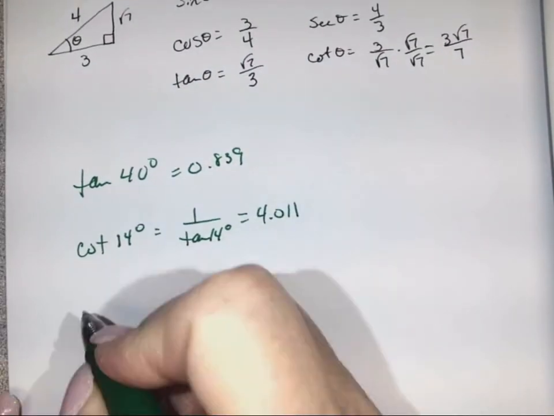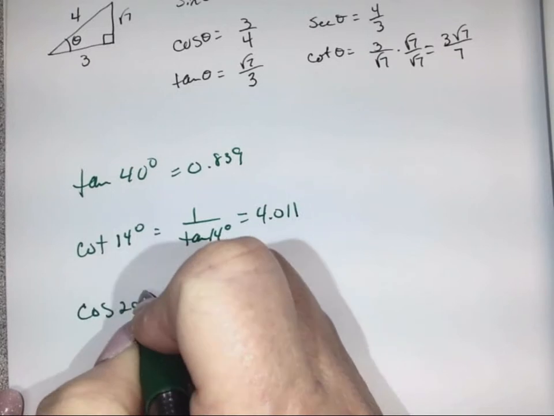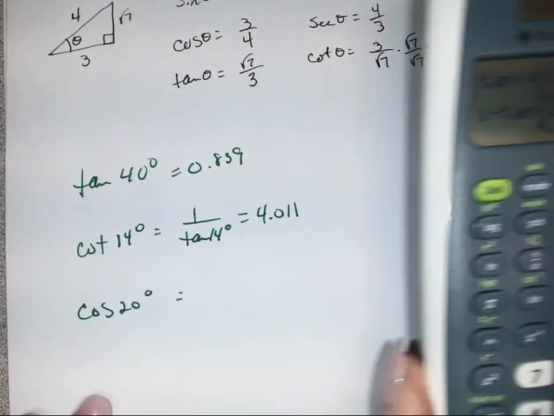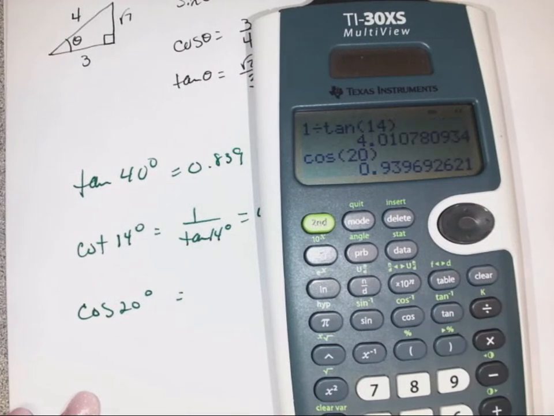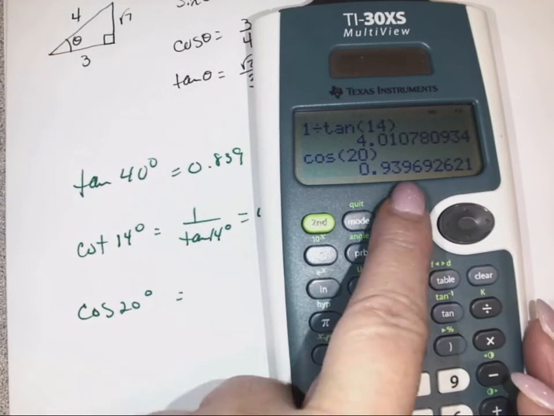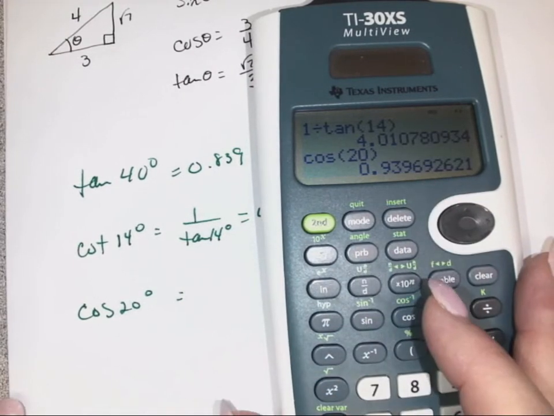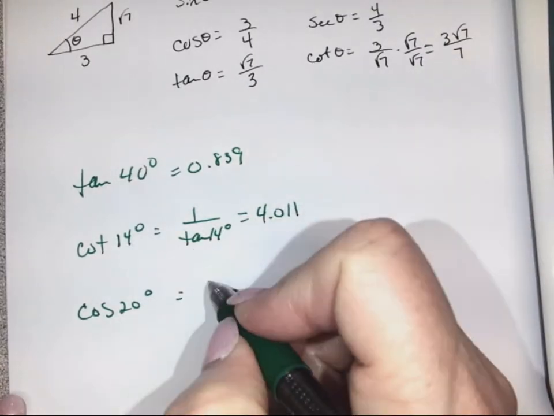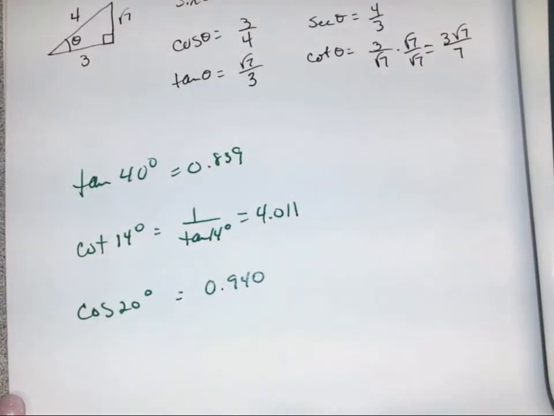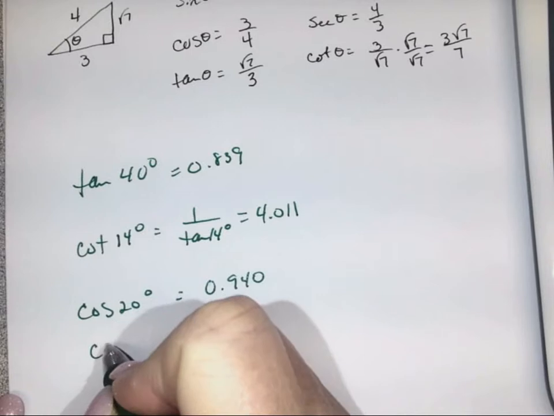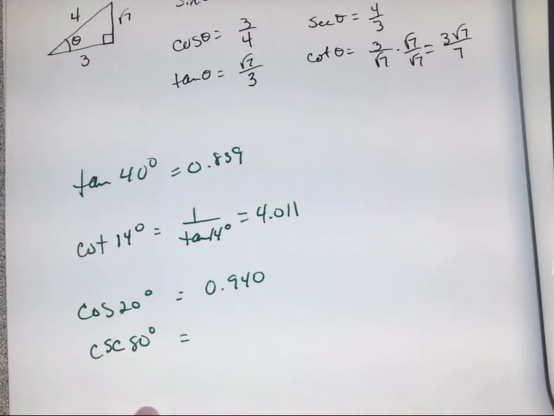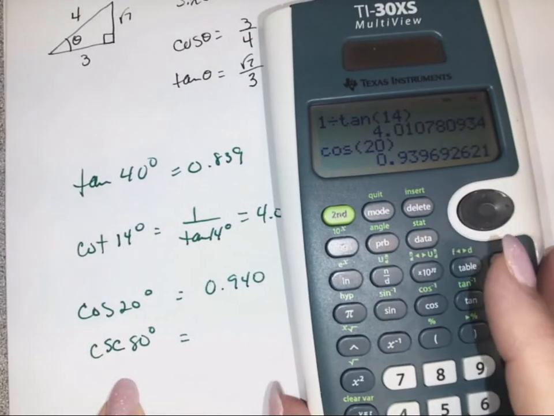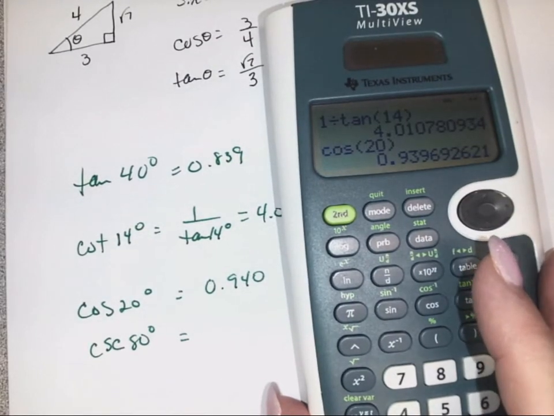All right, let's look at cosine of 20 degrees. The cosine of 20 gets us 0.9396, which rounds to 0.940. And then we'll do the cosecant. Oh, yes. So cosecant of 80 degrees. Well, we don't have a cosecant button, but cosecant is the reciprocal identity of sine.